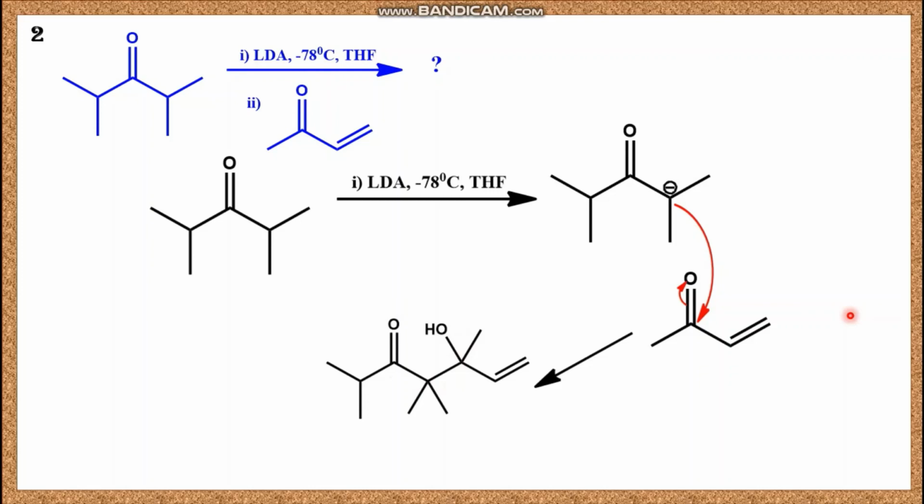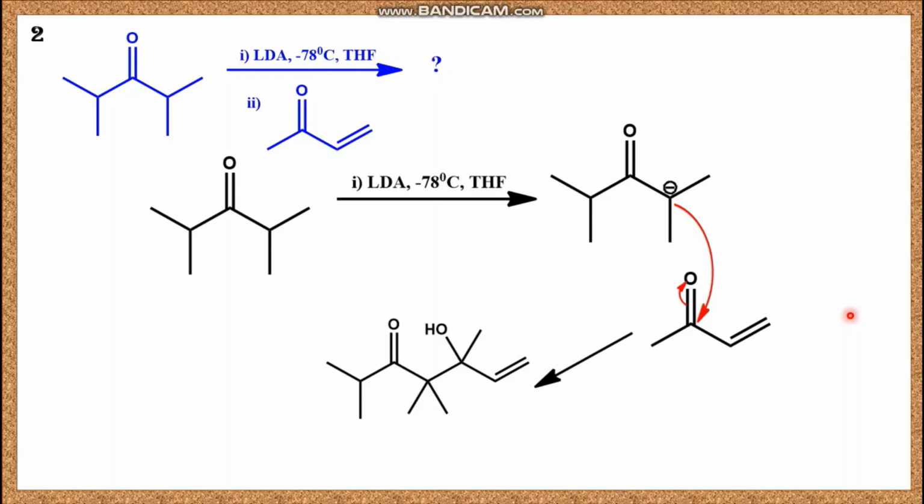Aldol condensation is a very simple reaction. It will involve some base and another ketone or aldehyde. When we are studying a lot of reactions, we are not able to tell whether it is aldol condensation or some other reaction, but with constant practice you can easily identify these things, and by looking at the options, we already have 4 options in the MCQ, so we have to see the answer.